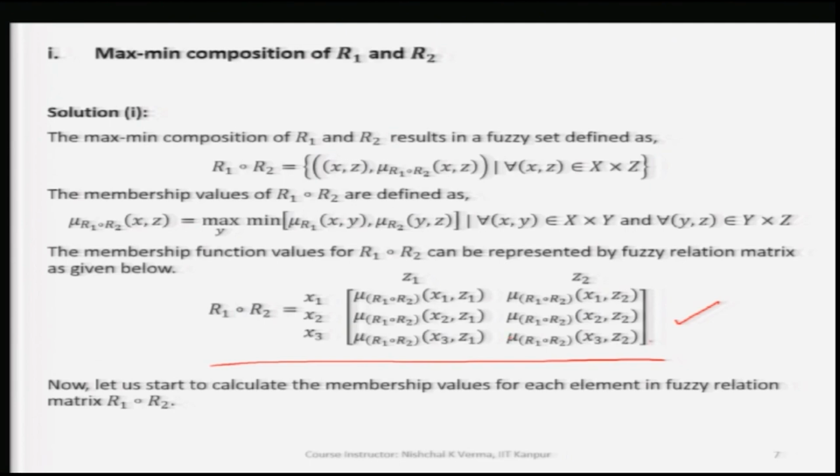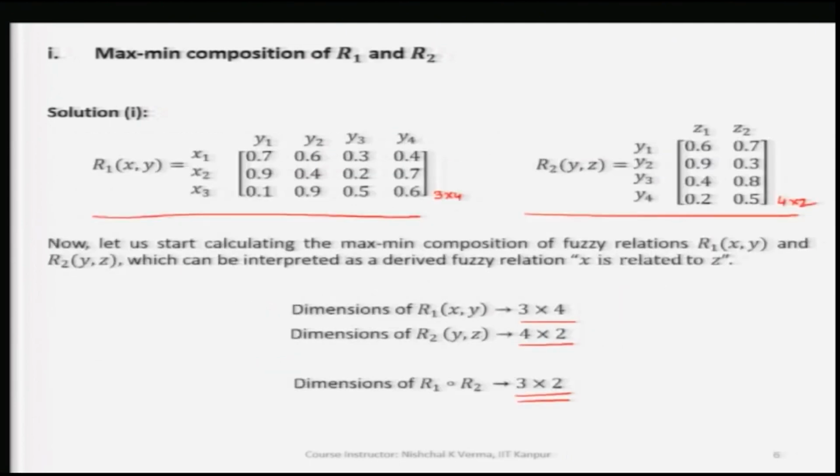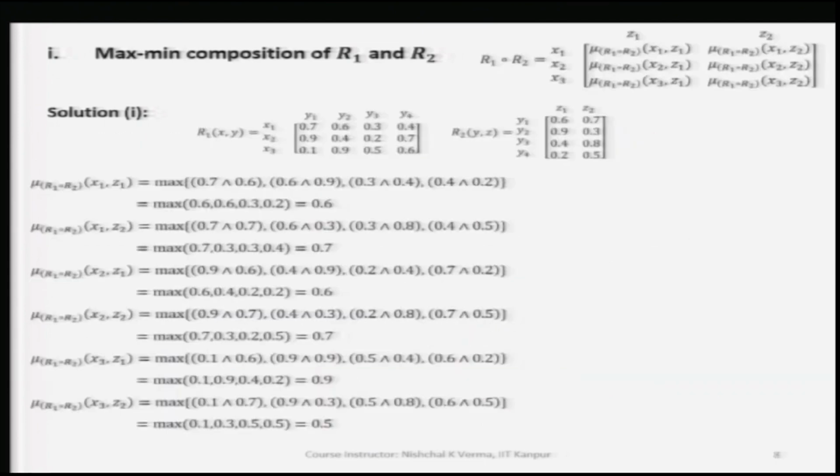We already know this is going to be a 3 cross 2 matrix, because R1 is 3 cross 4 and R2 is 4 cross 2. Let us now multiply: we have R1 here and R2 here.